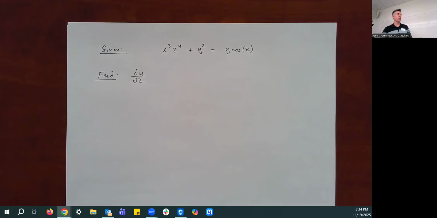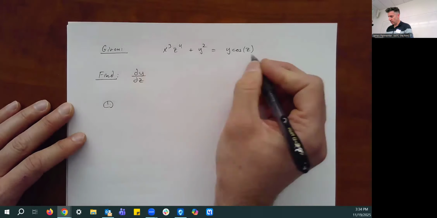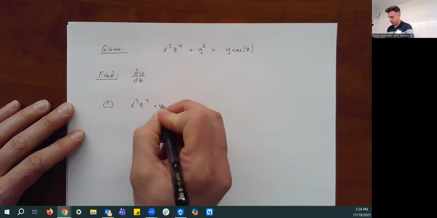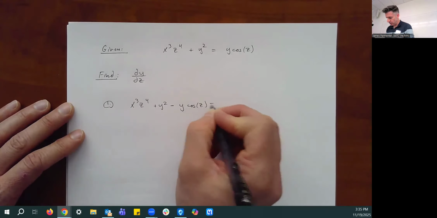Well, here's the good news. As long as you remember to make everything equal to zero, this is really, really easy to compute. So first step, rewrite this as x cubed z to the fourth plus y squared minus y times cosine of z equal to zero.